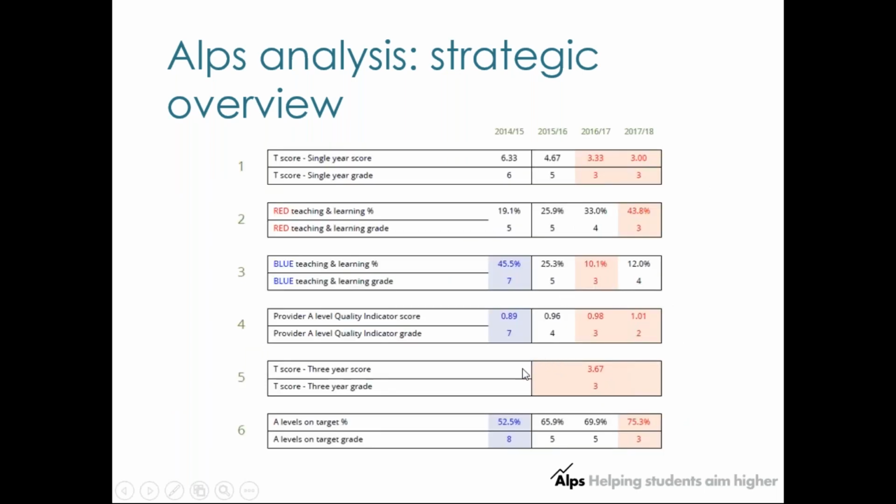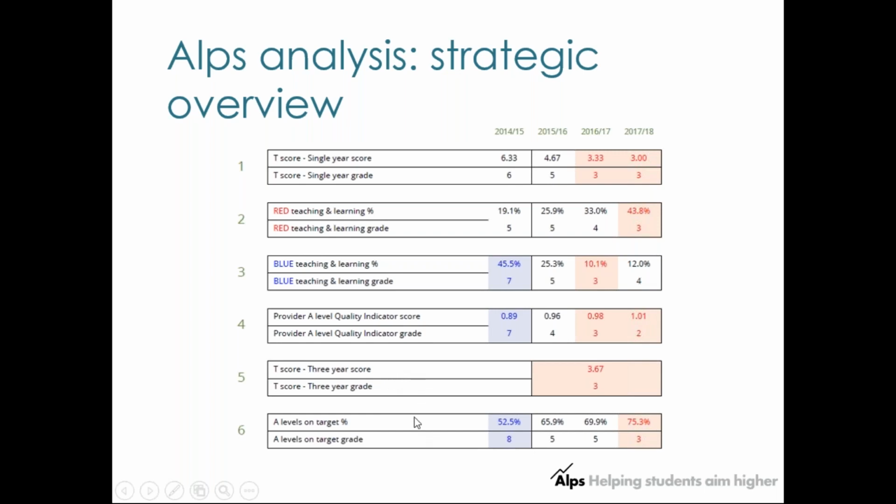We then make some indicators for you in comparison to the national data, and we provide a T-score, a red teaching and learning score, a blue teaching and learning score, and a provider A-level quality indicator score. We will also provide you with a 3-year T-score, and it's my job now to just talk you through what each of those are.